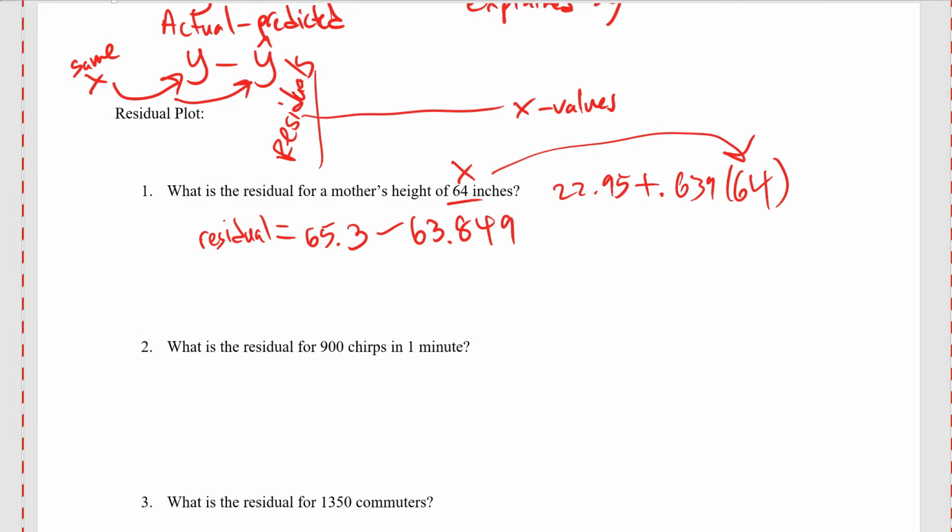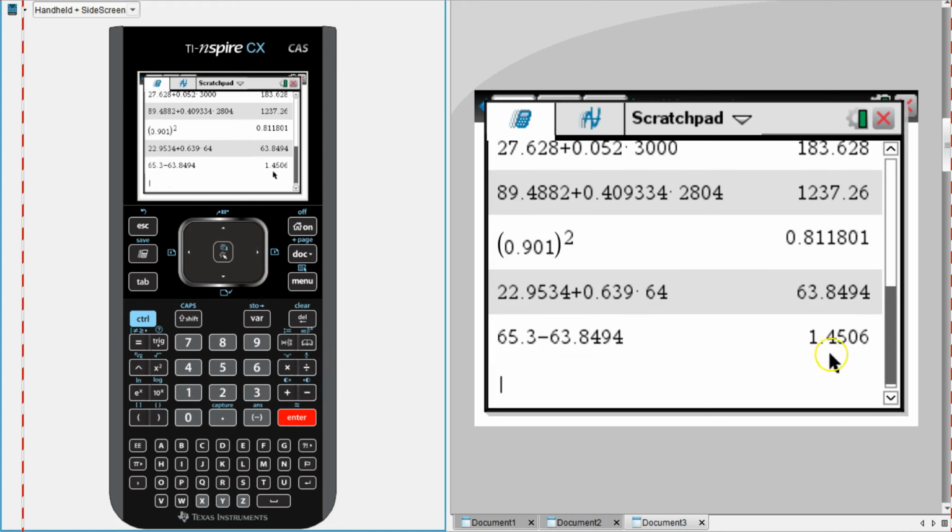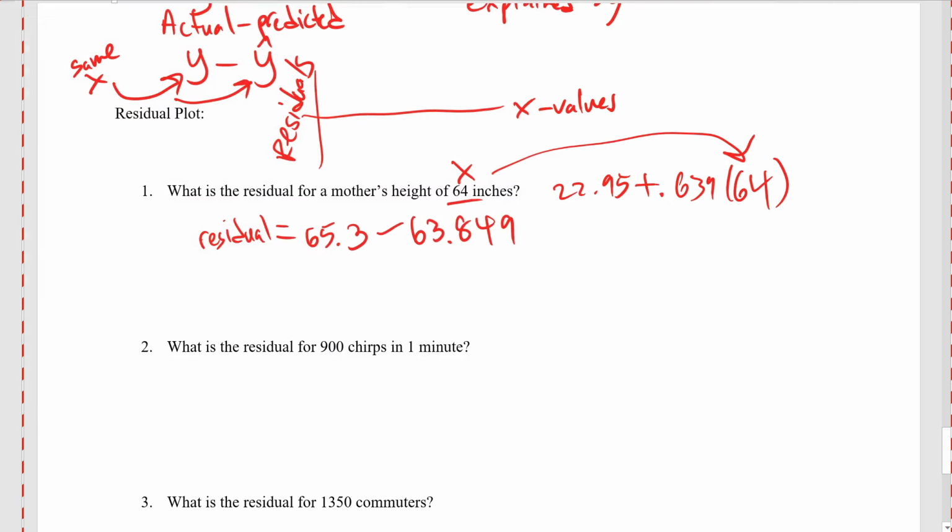So 65.3 minus that answer, we have a residual of 1.45. What does that mean? Our point fell above the predicted line by 1.45. This is how you do it. It's the actual from the table minus the predicted by plugging it in.